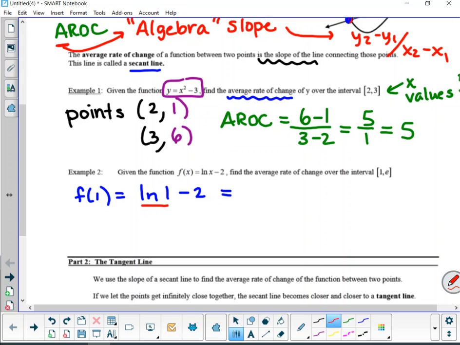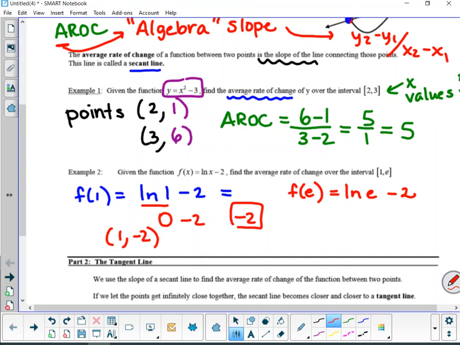The natural log of 1 is 0. And so one of my ordered pairs is (1, negative 2). f of e, the natural log of e minus 2. The natural log of e is 1.